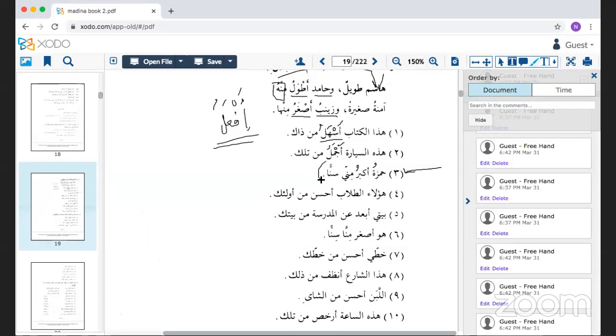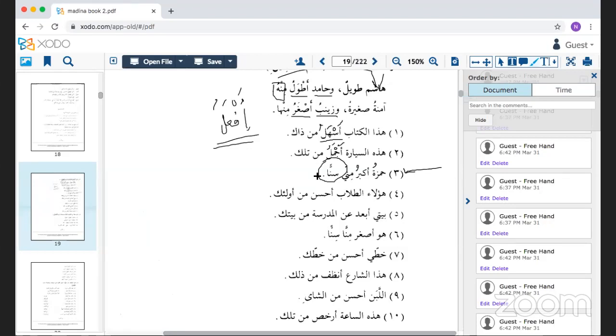Just as a side point here, he said, Hamza is older than me. Or he said bigger than me, right? Akbaru minni is bigger than me. But then he said sinnan. What's this word here, sinnan? In age. And what can you tell me about the word as it stands? How it's formatted here?